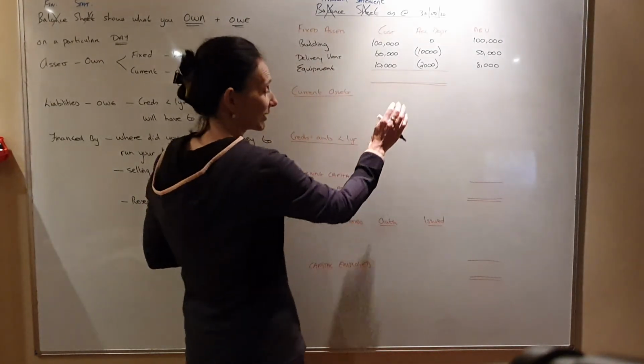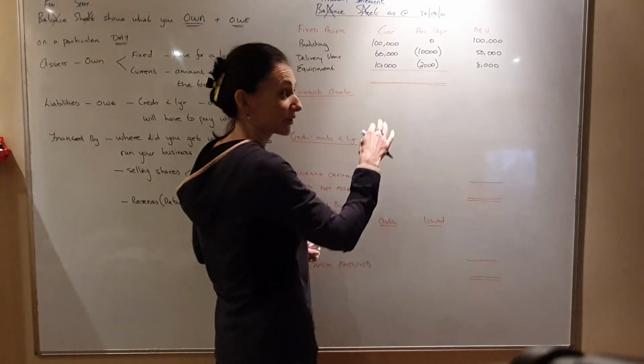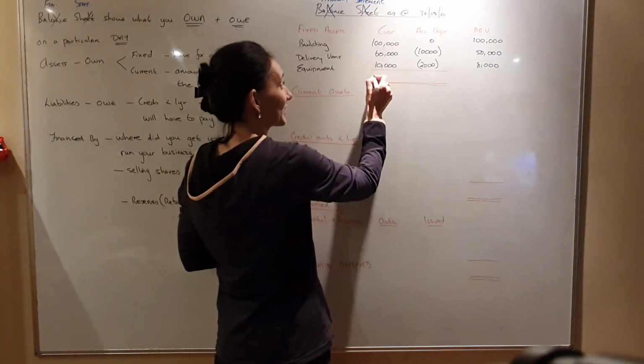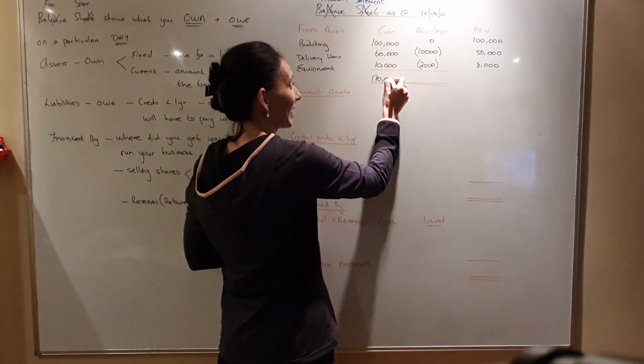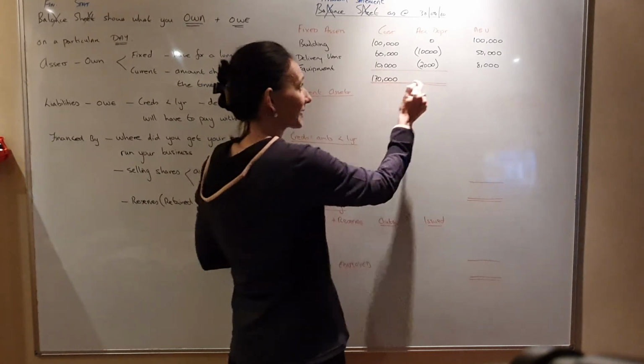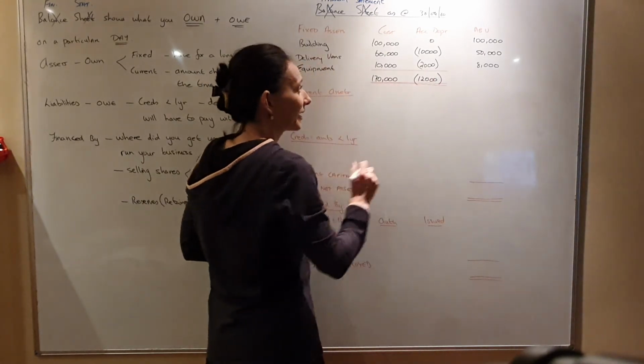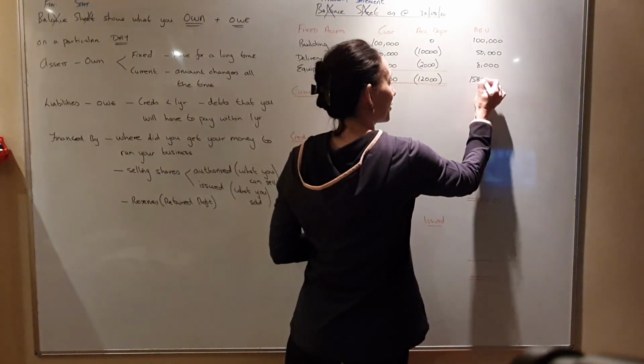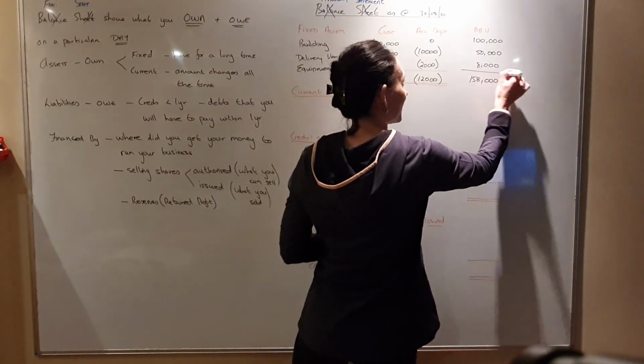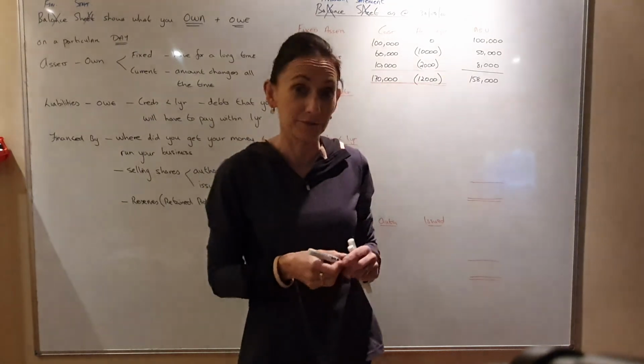Now, in accountancy, a double line means you're finished with the figures. Looking at this, I know I've spent 170,000 on fixed assets. To date, what I have has lost 12,000, so I know that the value of the assets I have is 158,000.